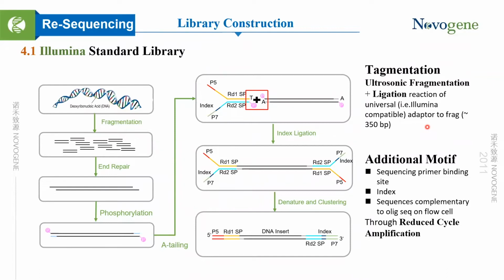And after the completion of the adapter ligations, the additional motifs, such as the sequencing primer binding site, index, and the sequences complementary to the oligo sequence and flow cells, are introduced through the reduced cycle amplification.